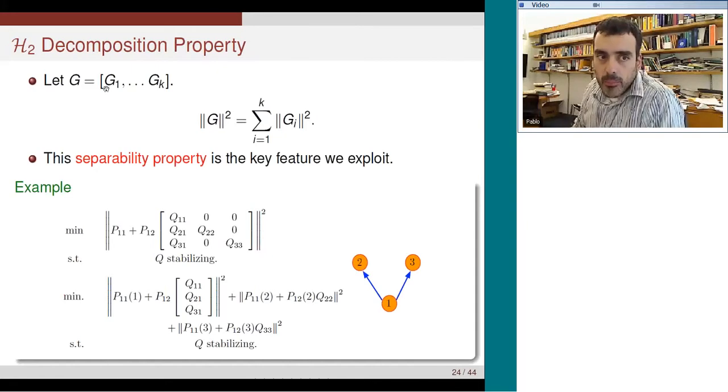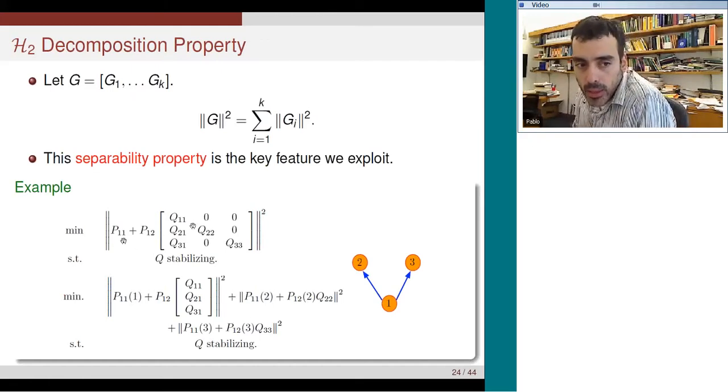Remember I told you that when I compute the H2 norm, or even the Frobenius norm, if you want to think in terms of constant matrices, I can write the squared norm of G just as a sum of the squared norms of the columns of G. Now let's think about what that implies for the problem I'm trying to solve, which looks like minimizing over a structured Q of P1 plus P2 Q. Because I'm multiplying on only one side, I can compute this norm just as a sum of the squared norms of each one of the columns.